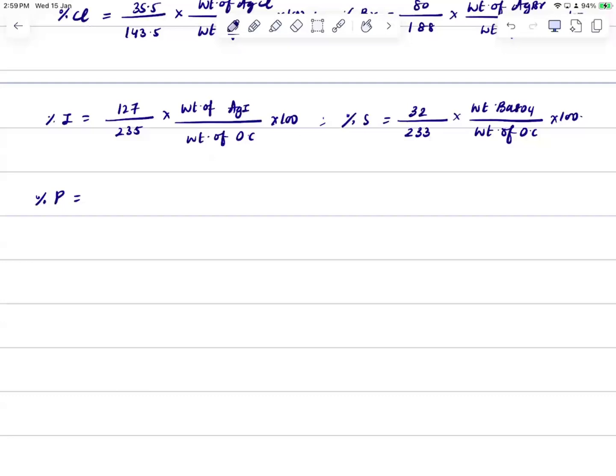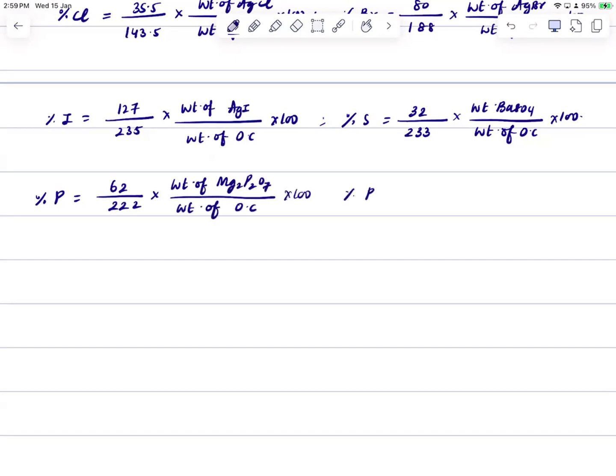So, for percentage phosphorus, there are two ways we can do it. One is we can use this H3PO4 which we got with magnesium salt, so that we can get percentage phosphorus as 62 by 222 into weight of Mg2P2O7, divided by weight of organic compound into 100.